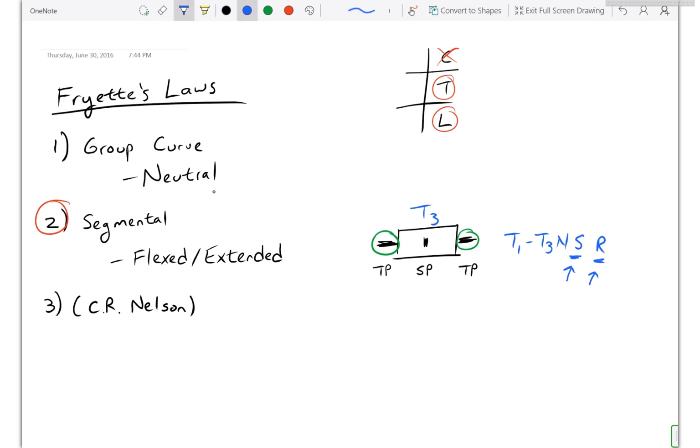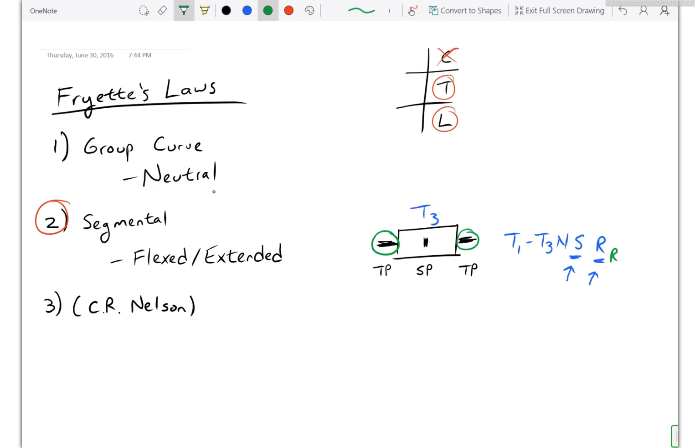Now, let's imagine that when we did the rotation, we felt that the right side here is a little bit more posterior, but the left side here is not as posterior, it's a little bit more anterior. That would mean that the freedom of this segment right here, T3, and let's say for all T1 through T3, the freedom is rotated right. So we know that the R is rotated right.